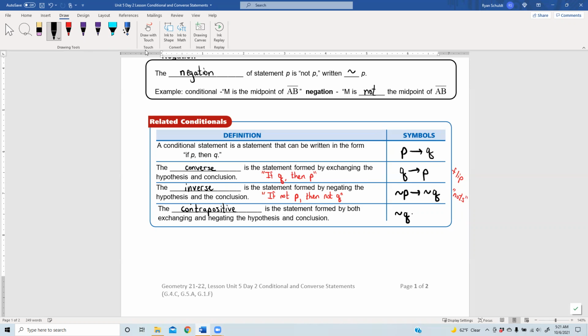If not Q, then not P. This one has a flip and it's got the nots in it.